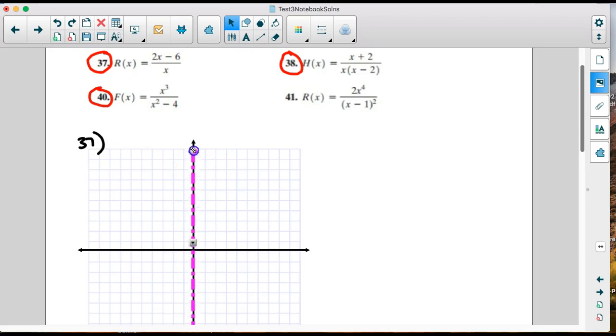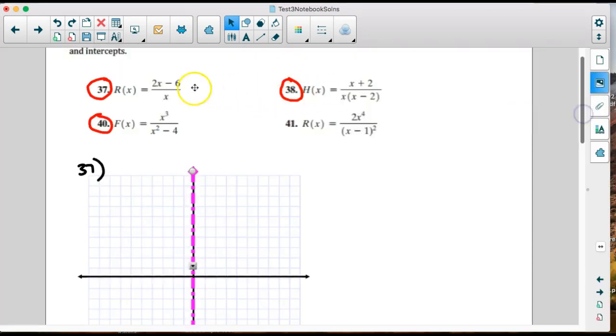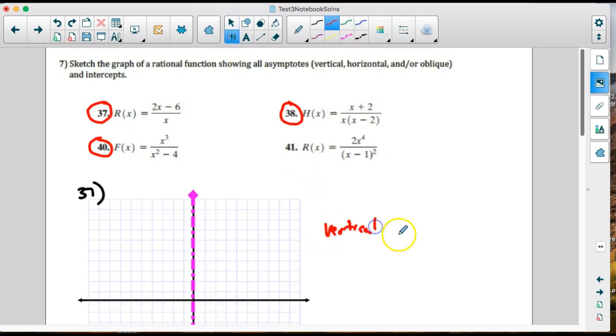Then we're going to look and see if there's any horizontal or oblique asymptotes. In this case, the exponents are the same, so there's going to be a horizontal asymptote. Vertical at x equals 0, horizontal: since the powers are the same, we divide the two lead terms.